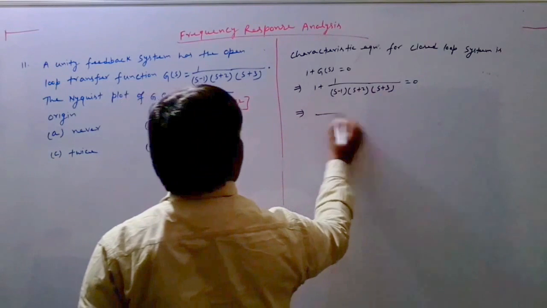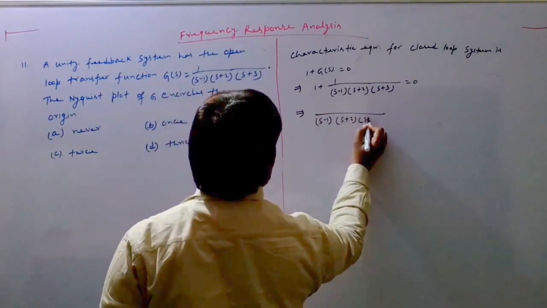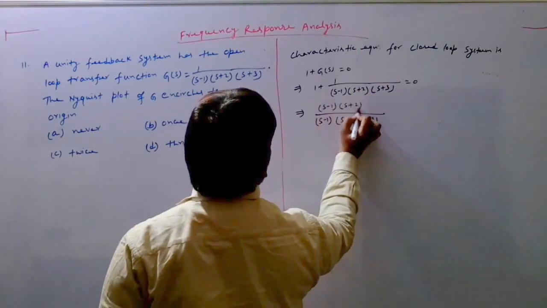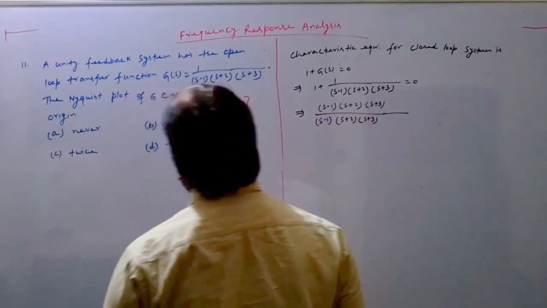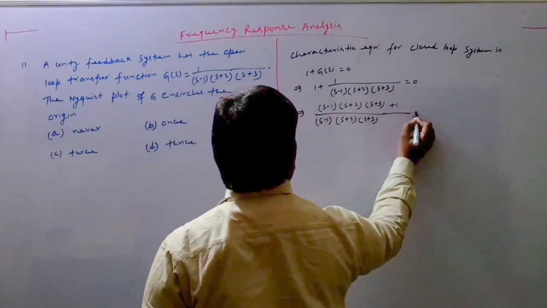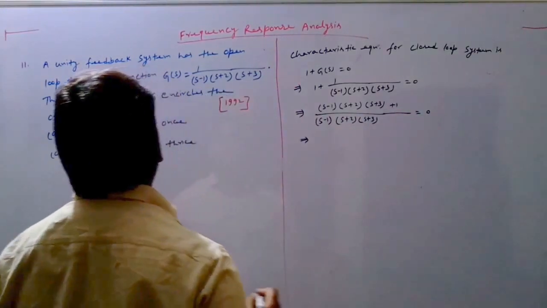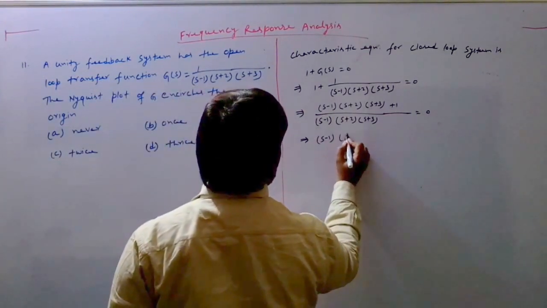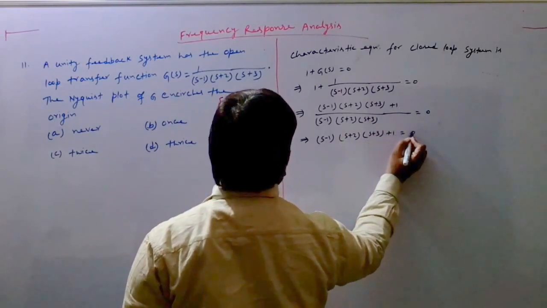This will be (s minus 1)(s plus 2)(s plus 3) plus 1 equal to 0.